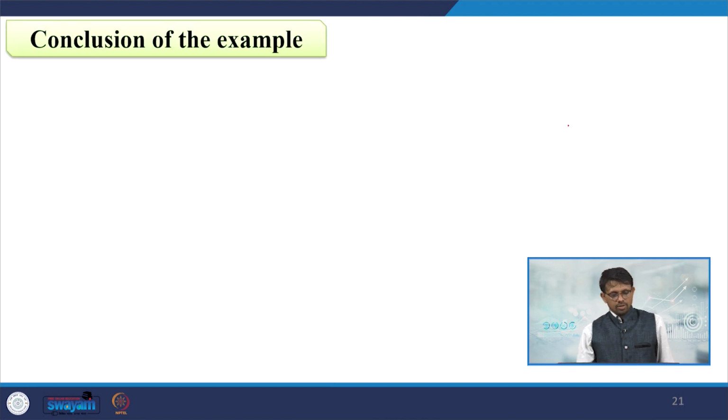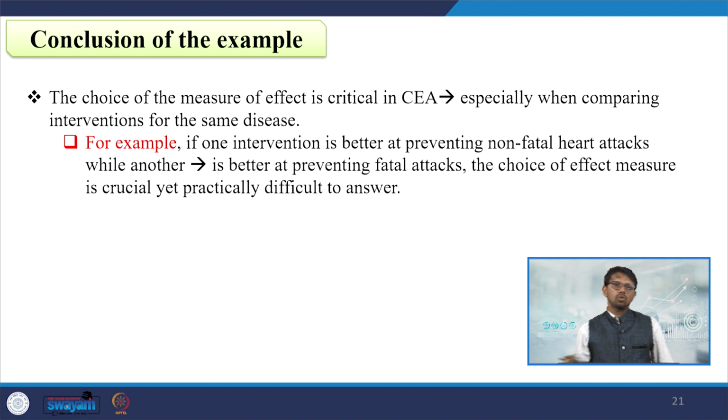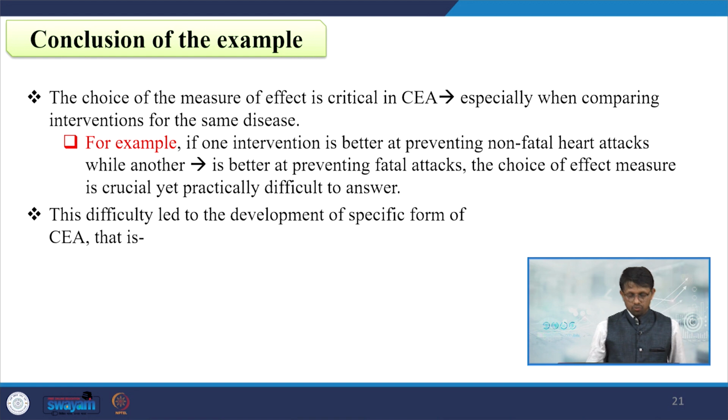So the conclusion of this particular example is that the choice of measure of effect is critical in CEA, especially when comparing interventions for the same disease. If one intervention is better at preventing non-fatal heart attacks, while another is better at preventing fatal attacks, the choice of effect measure is crucial yet practically difficult to answer.